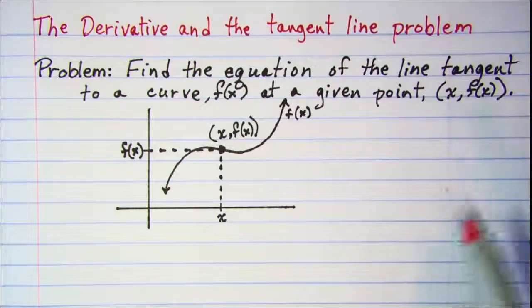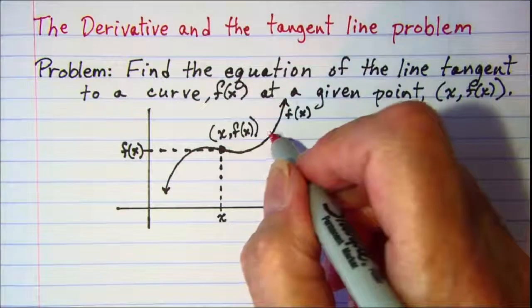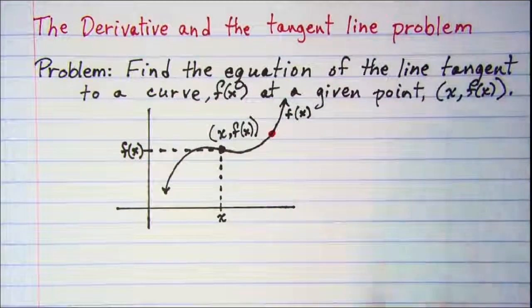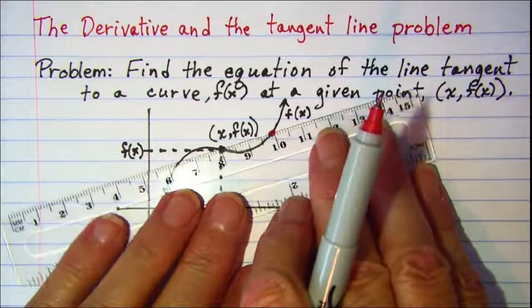So we'll begin by choosing another point on the curve, let's say right here, and then we'll draw a secant line through these 2 points.